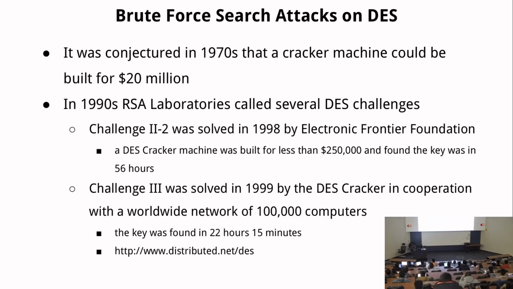Then in the 90s, RSA Lab, which is a company everyone in security knows, and RSA is one of the important first public key crypto systems. We're still using it today. The inventors of that algorithm founded this company, RSA. I believe this company is part of EMC right now.